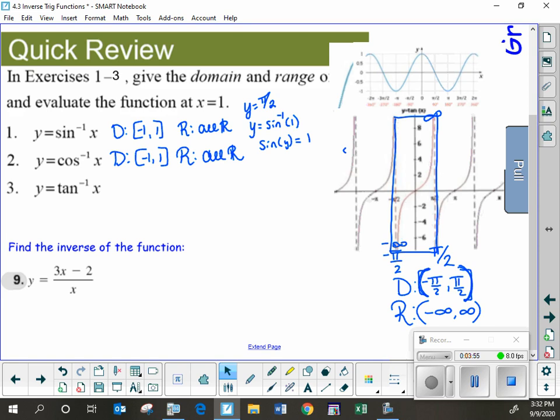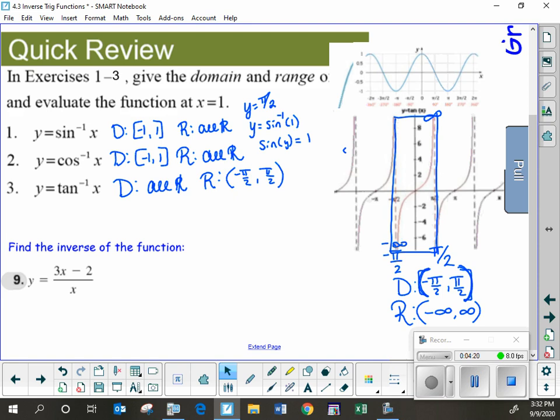So now I twist this around, and my domain is all reals. And the range is -pi over 2 to pi over 2. Let's always take a little bit of thought process there.